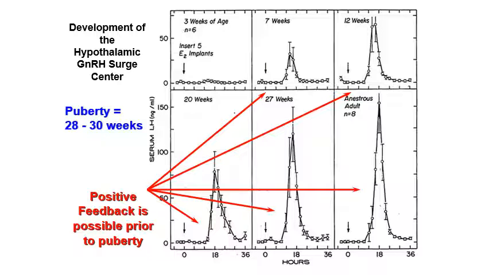From this experiment, we can infer that the estradiol has a positive feedback effect. So implantation of the estradiol in ovariectomized ewe before puberty causes the surge of GnRH, as shown in the diagram, a surge in the GnRH and a surge in the LH.